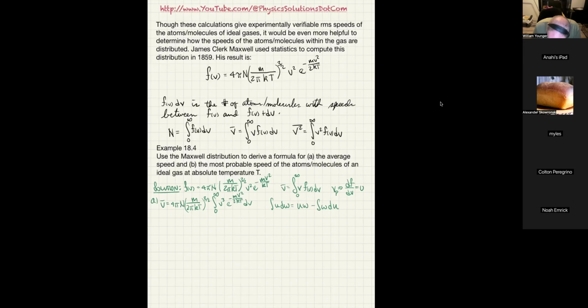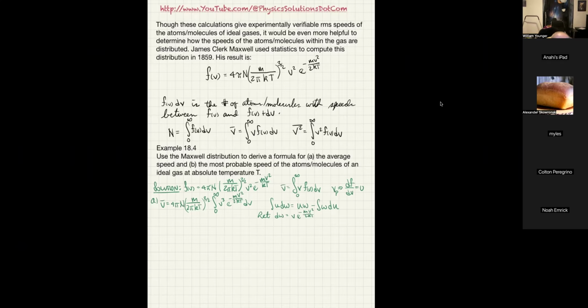So let's start off with the part where I told you the d omega should be the part that's easy to integrate. So I'm going to let d omega equal v times e to the negative mv squared over 2kt.